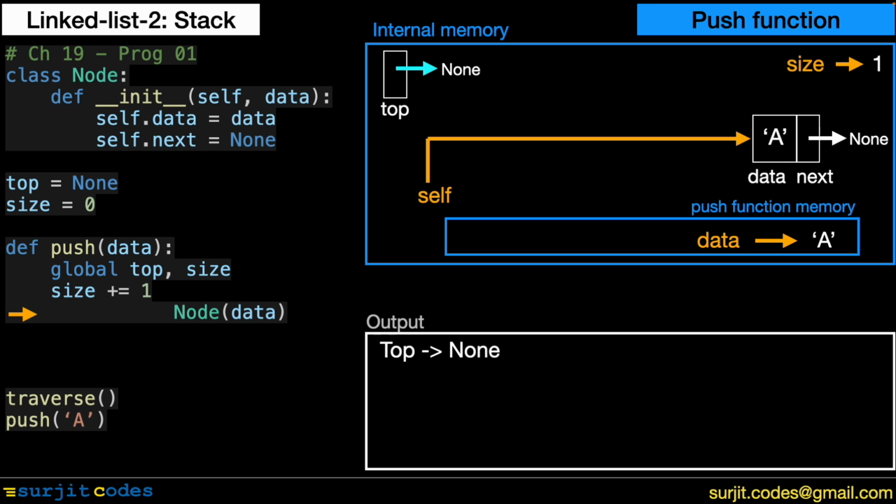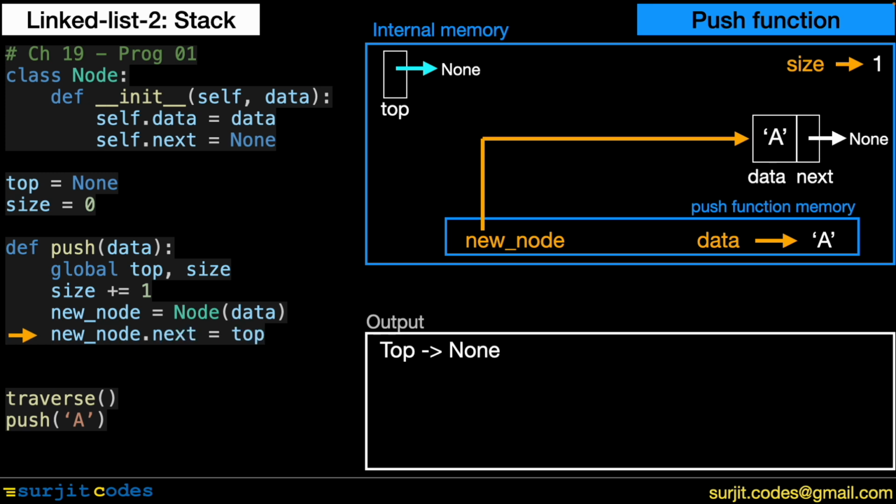At the end of init, it returns the address of this newly created node. It is crucial to save this address in a variable immediately, otherwise the reference to the node is lost. We save the address of this object of the node in a local variable new node of the push function. Such variables as hold the address of some other variable are called pointer variables or reference variables.